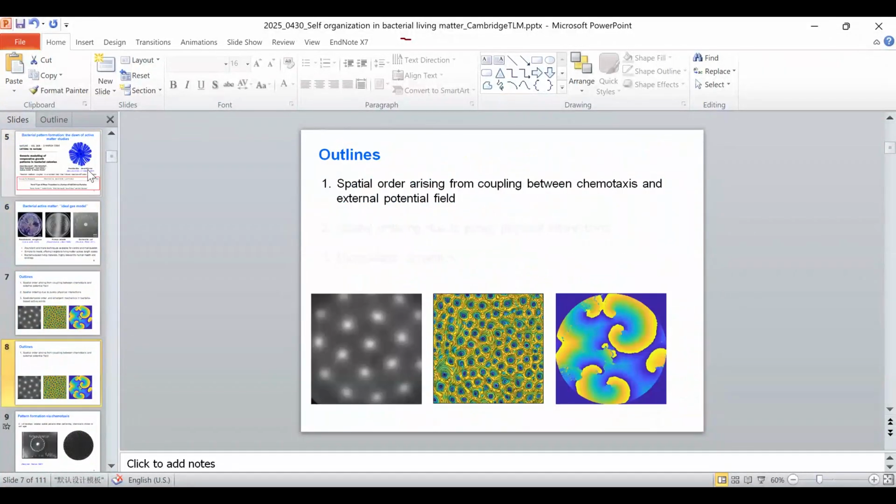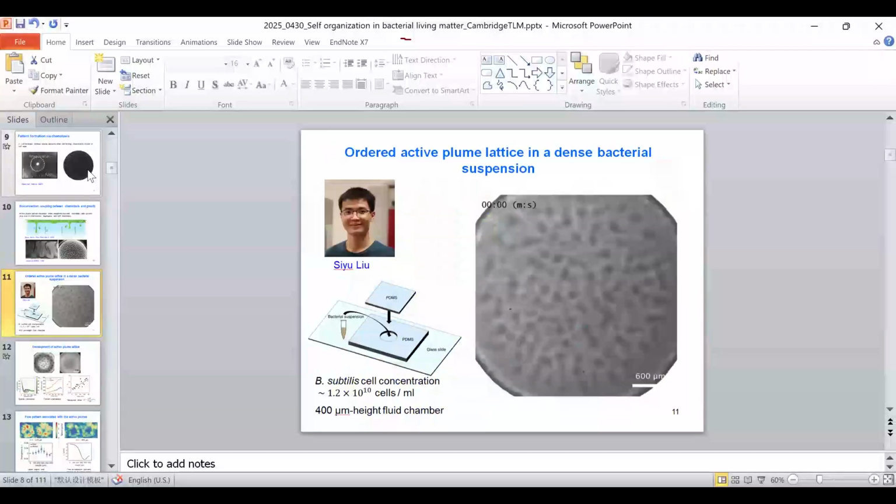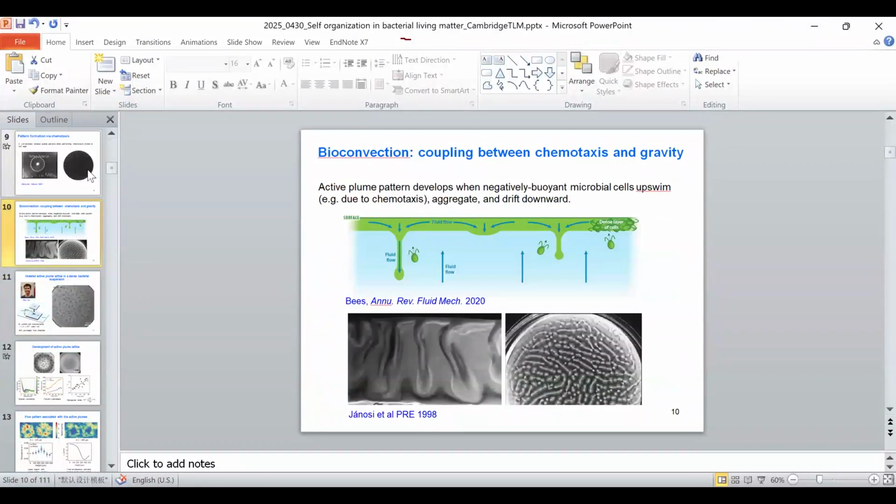You're saying there's a gradient of oxygen, so they want to go to the top to get it. But they drag the oxygen down with them as they sink, through bioconvection or with gravity. I don't know if it's gravity or if it's just swimming towards the lower oxygen concentration. Do you know why they do that, in connection with their metabolism?